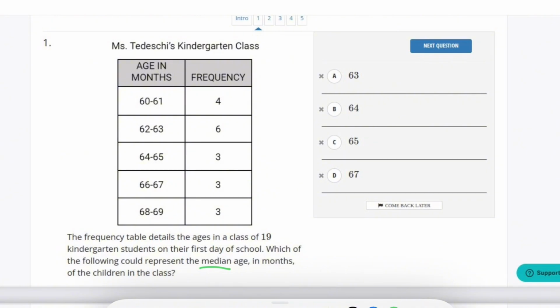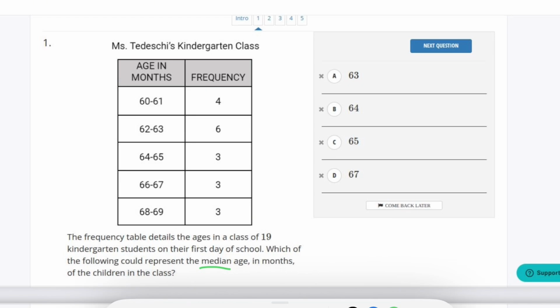So here it already spells out how many data there is, which is 19. There are 19 numbers given to us, so we know that the one in the middle would be the 10th. The 10th number would be directly in the middle, because there would be 9 to each side.